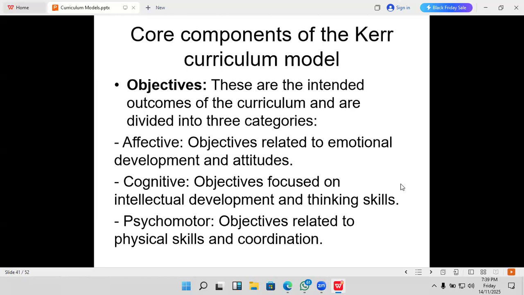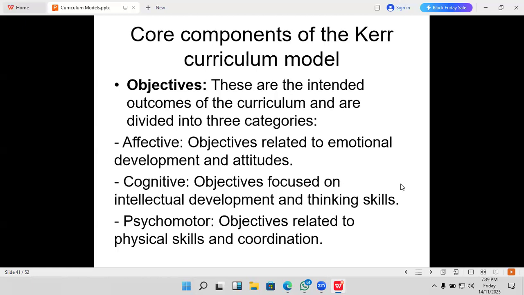Now we have started to use intended learning outcome, ILO. In short we say ILO, intended learning outcomes. Now in the curriculum it is the popular term we use in modern curriculum design.